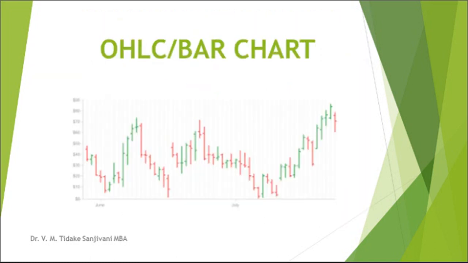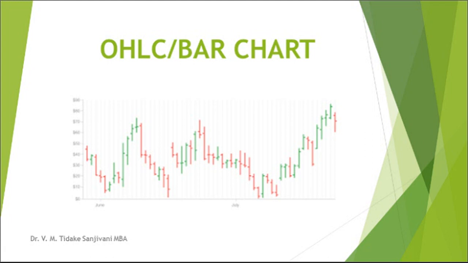Moving further, the second part is an OHLC chart, which is also known as a bar chart. The graph of candlestick and OHLC is basically similar. The only difference is that in order to show the opening price and closing price of a particular share, in candlestick we use a candle, whereas in OHLC we don't use a candle, rather we use a left horizontal line and a right horizontal line, where the left horizontal line indicates the opening price and the right horizontal line indicates the closing price.